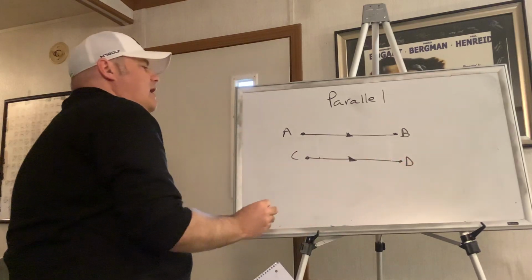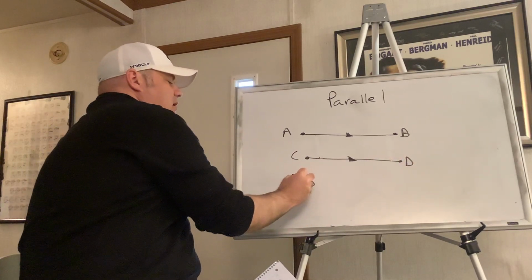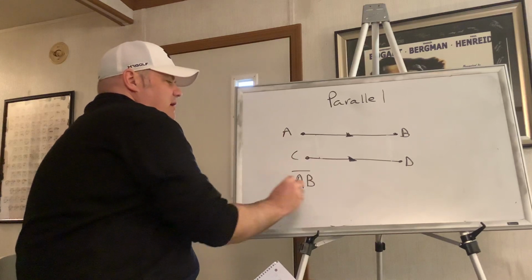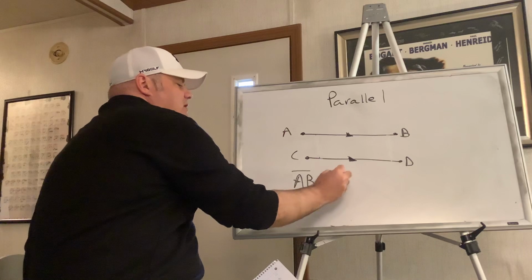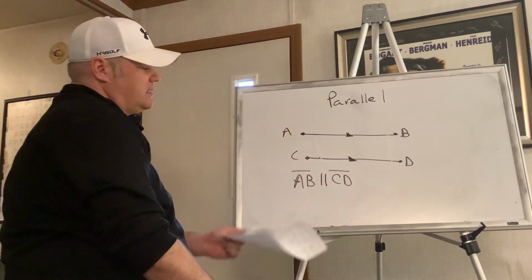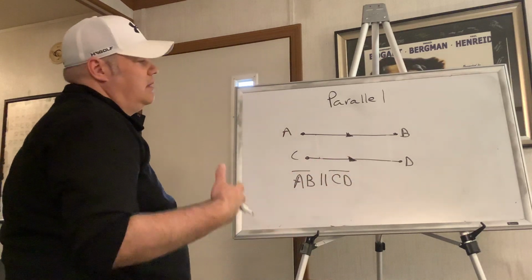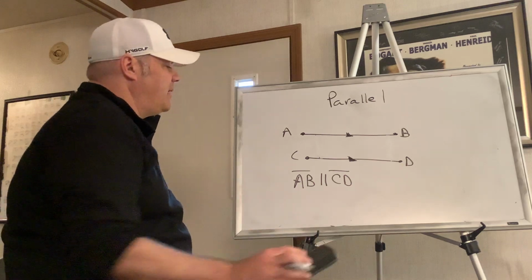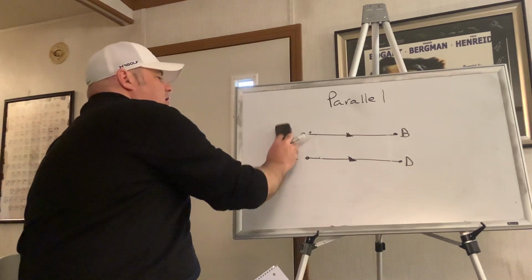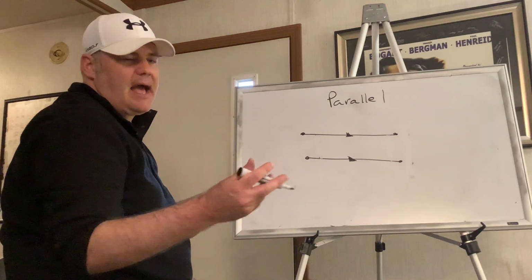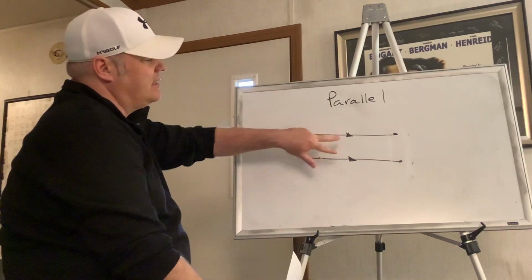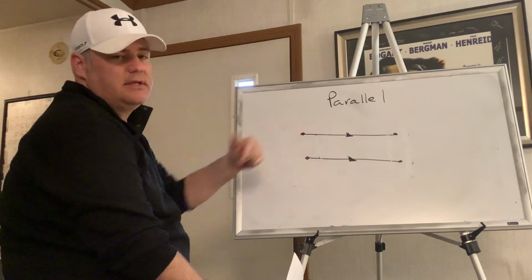They can say line AB, or segment AB even, is parallel, and they're going to put these little parallel lines like that, to CD. So that's another way they will indicate that those are parallel. You need that information given to you because you can't just visually assume that two lines are parallel as you go in math.